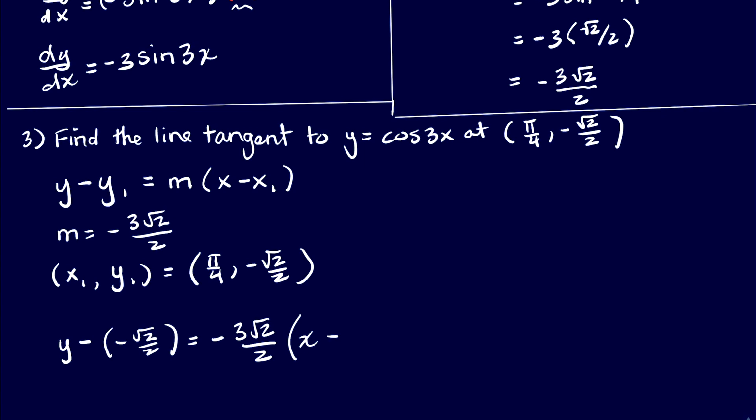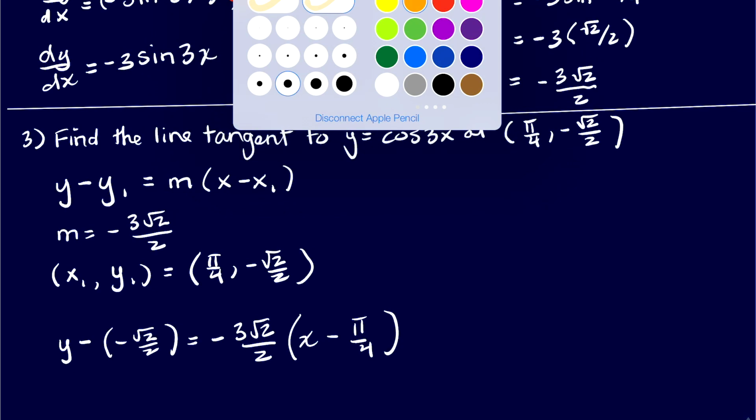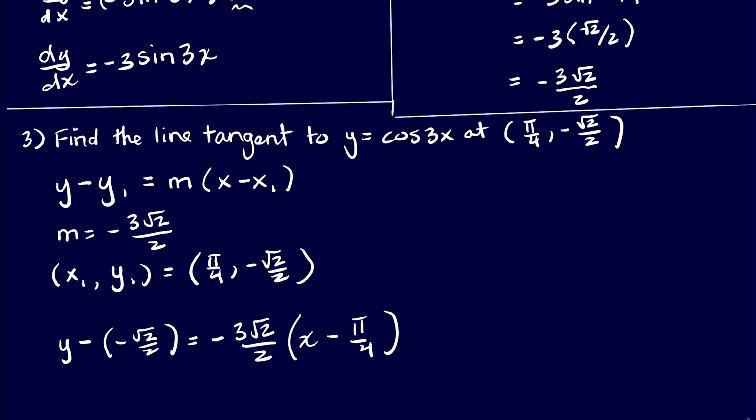X minus x1, which was pi over 4. So here we go. And for the slope, we plugged in what we got for that last part, okay?